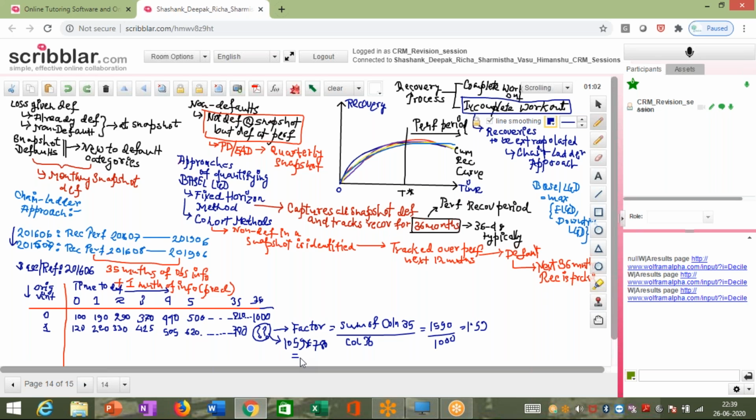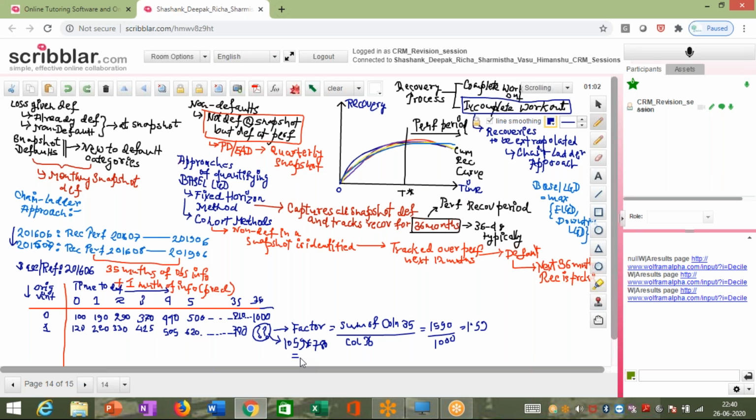So once you have identified that cumulative recovery, this will give you an idea of the performance period, as well as help you identify the complete recovery corresponding to the incomplete workouts. So with this, now you will have the entire cumulative recovery figures along with you, right? So now the next step will be to calculate the cumulative recovery rate, which you get by dividing it with the historical rate.